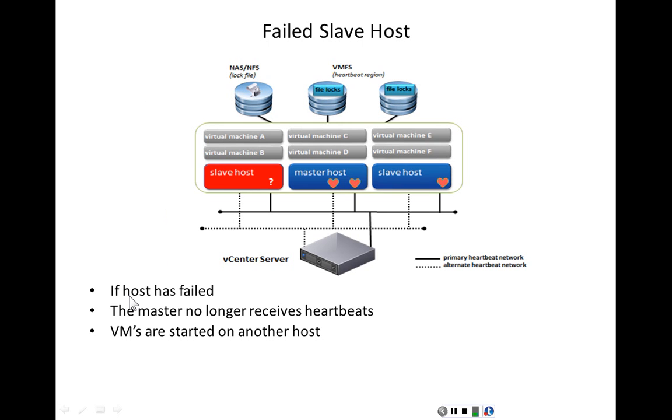Well, if the host fails, then it's no longer sending heartbeats, so the master is no longer receiving heartbeats. And if it doesn't receive heartbeats, then the virtual machines are started on another host. That's the job of the master host. It's not something you need to select. It's automatically selected when we install high availability.